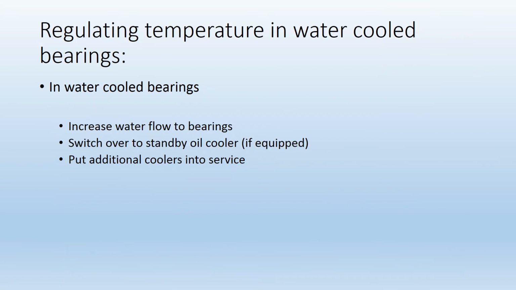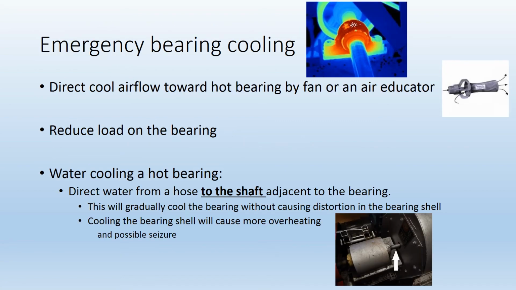To regulate temperature in water-cooled bearings, there's a few things that can be done, and those are to increase or change the flow of water to the bearing, to switch over to a standby oil cooler, and also to put additional coolers into service. Sometimes bearings will run very hot and emergency bearing cooling will be needed. There's a few choices you have available.